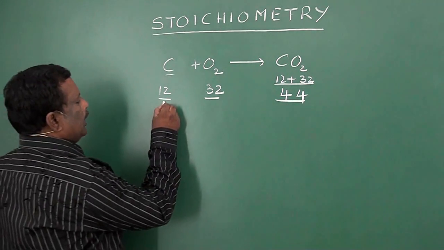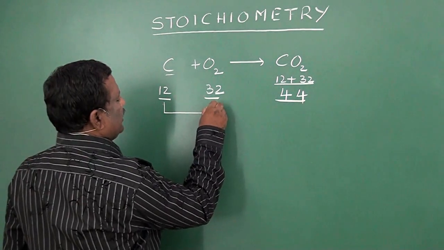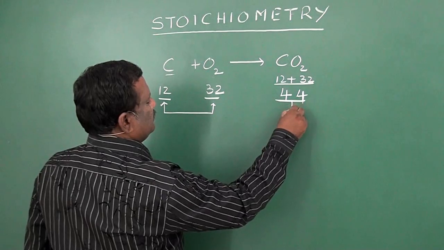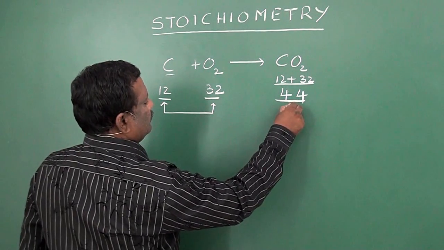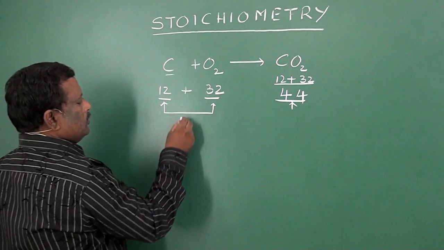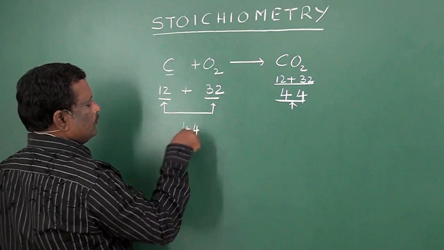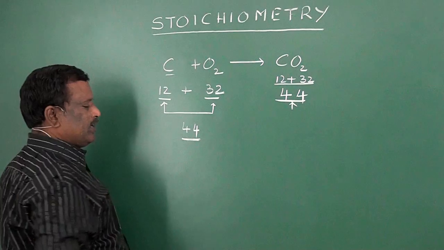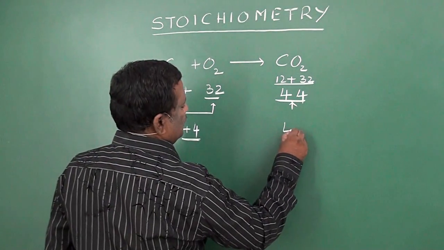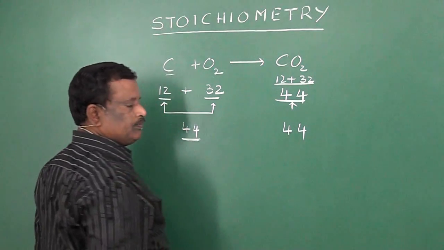Here carbon and oxygen are the two reactants. Carbon dioxide is the product. If you add 12 plus 32, you get 44. So the total mass of reactants is 44 units and the total mass of products is also 44 units.